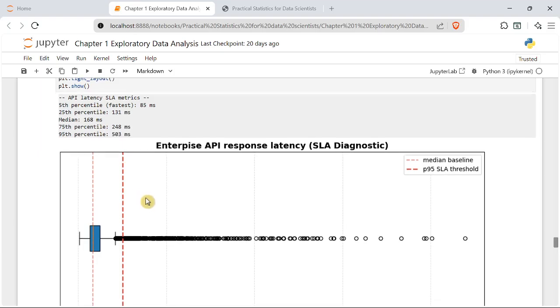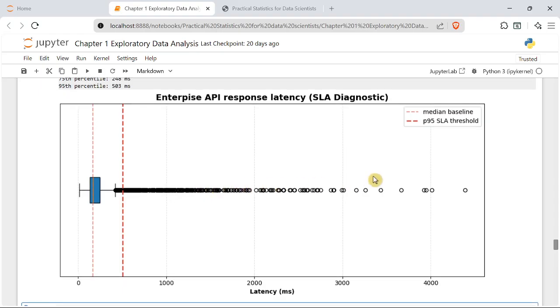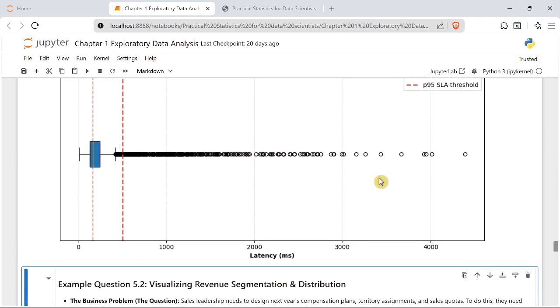However, all those individual dots stretching to the right represent the catastrophic outliers. We cannot just look at the median. We must immediately allocate engineering resources to investigate the tail end volatility before it damages our enterprise contracts.